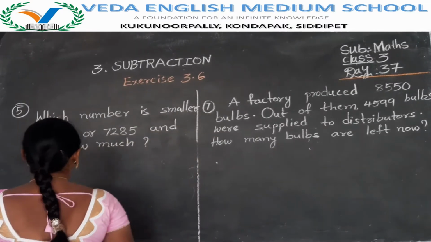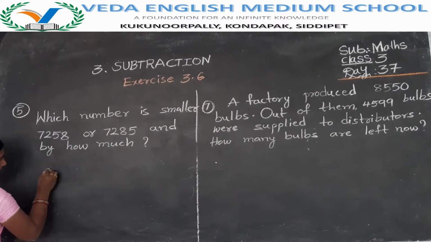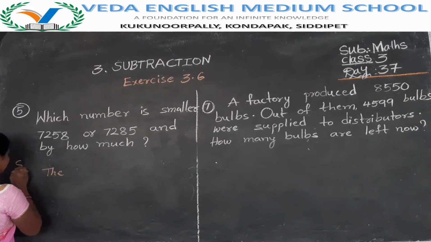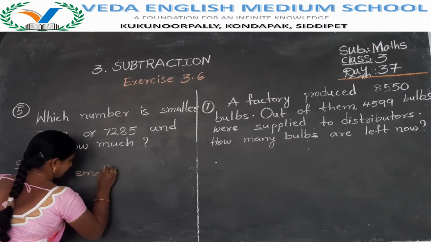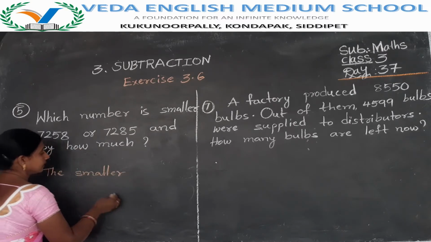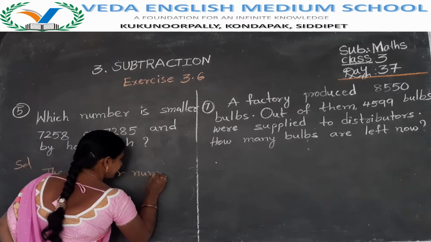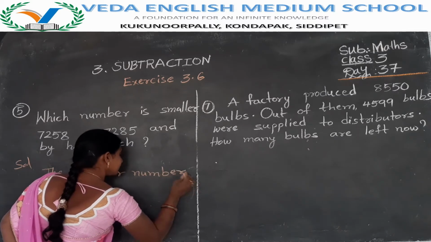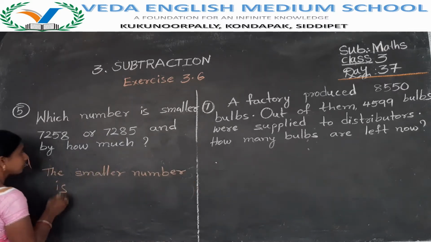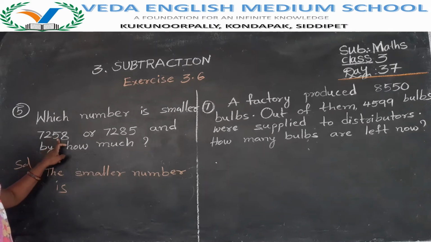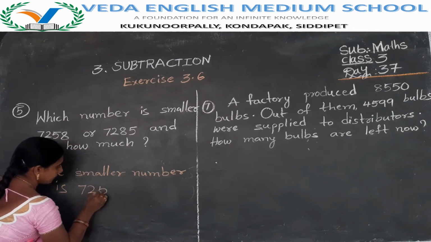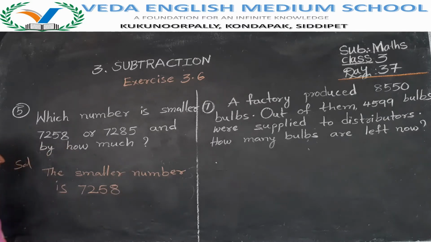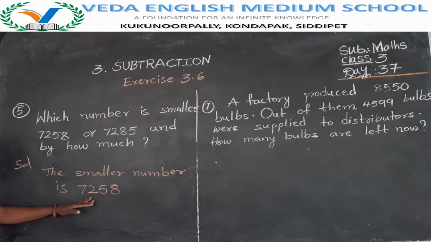The smaller number is 7258. This is the smaller.